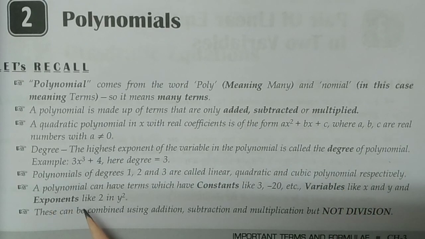A polynomial can have terms which have constants like 3, minus 2, etc., variables like x and y, and exponents like 2 in y square. Next, these can be combined using addition, subtraction, and multiplication, but not division.